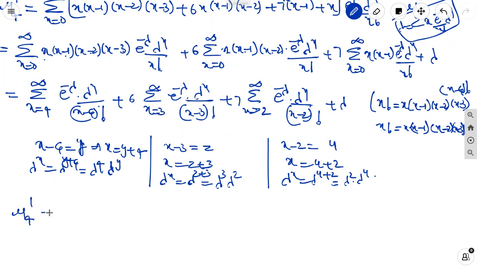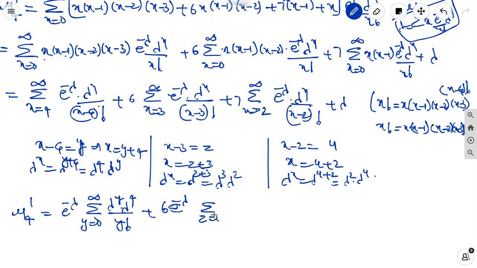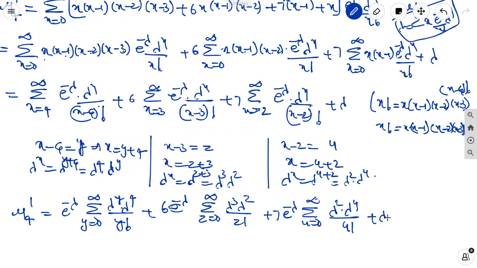Here mu 4 dash equal to e power minus lambda summation y equal to 0 to infinity lambda power y into lambda power 4 by y factorial, plus 6 e power minus lambda summation z equal to 0 to infinity lambda cube into lambda power z by z factorial, plus 7 into e power minus lambda summation u equal to 0 to infinity lambda square into lambda power u by u factorial, plus lambda.